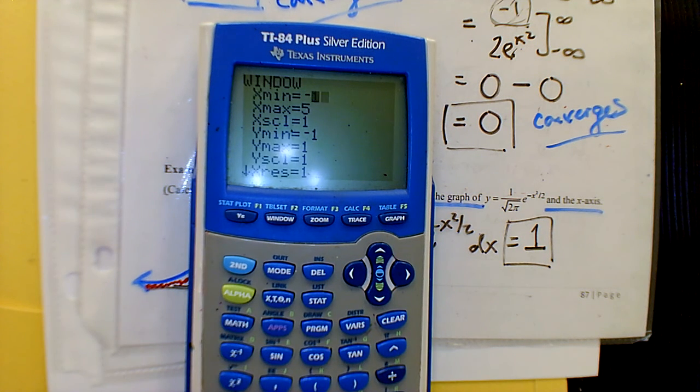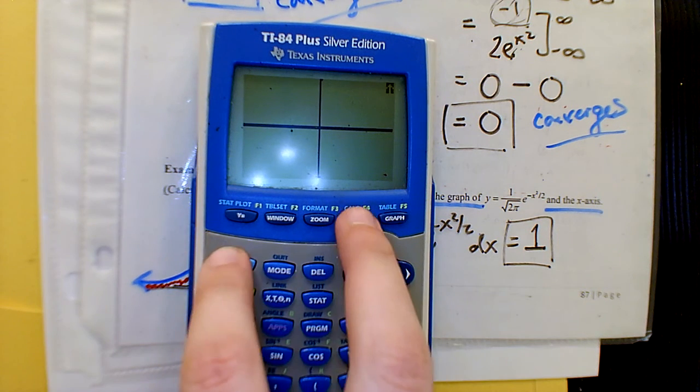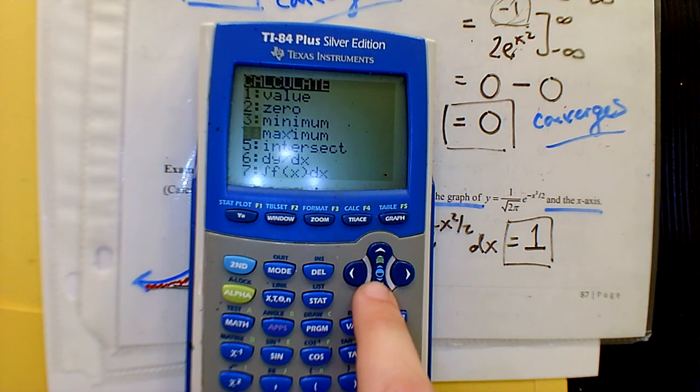Let's try that for a second. You did 7 zeros, right? Yeah. What if we use that as the x min and x max? It's going to look really tiny, though. Like you can barely even see the function.